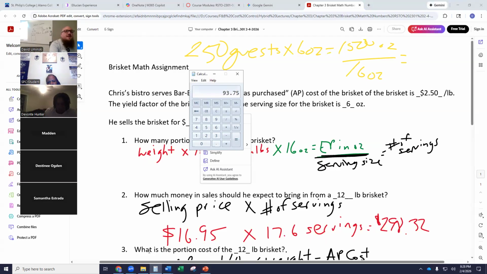That's 93.75 pounds. So you, as a caterer, order 93.75 pounds of brisket to feed 250 people. And then you start cooking the brisket, and you lose 55%. So you only have 51.5 pounds of brisket to serve to 250 people.